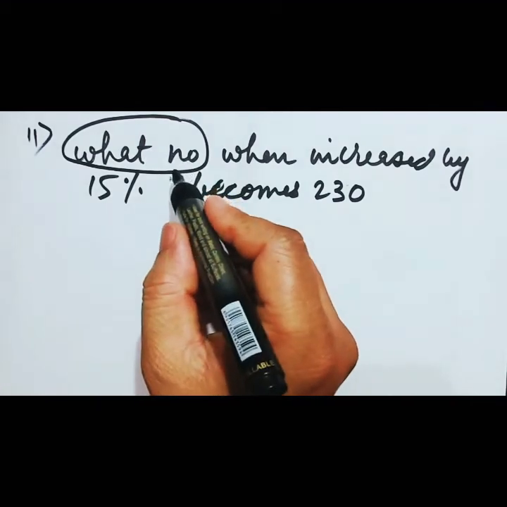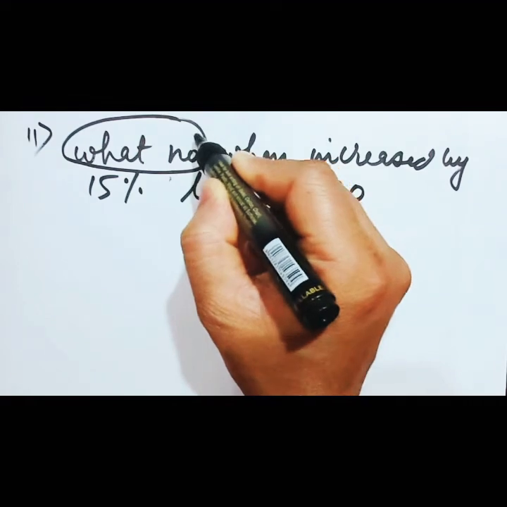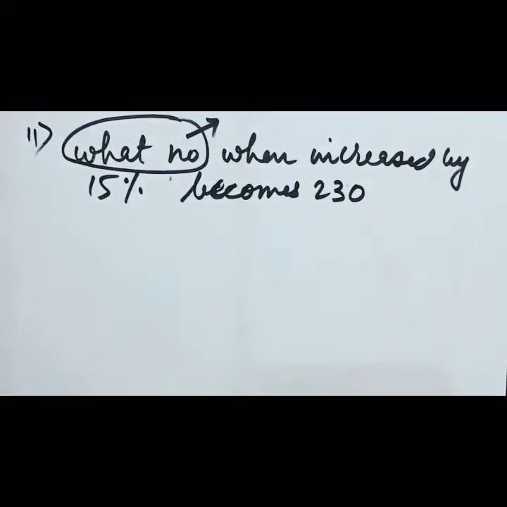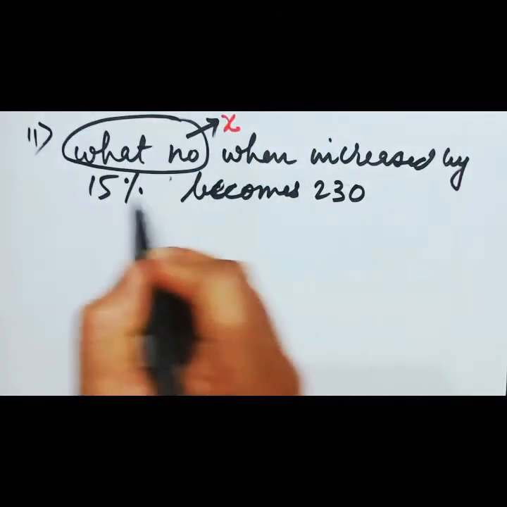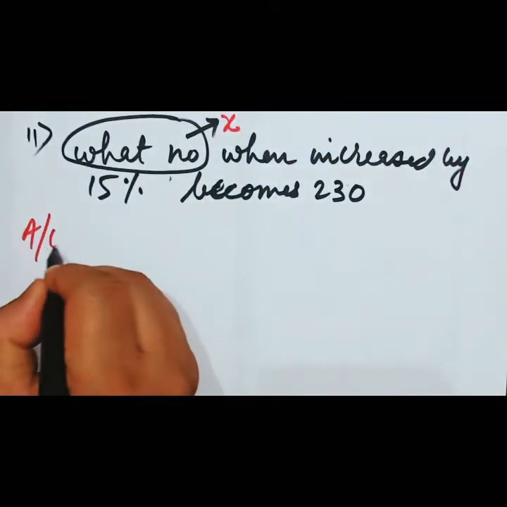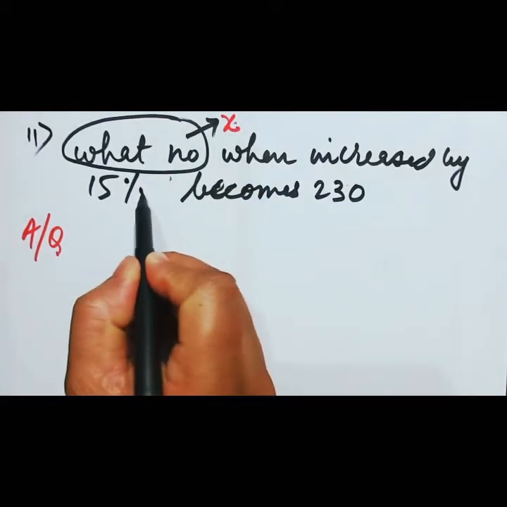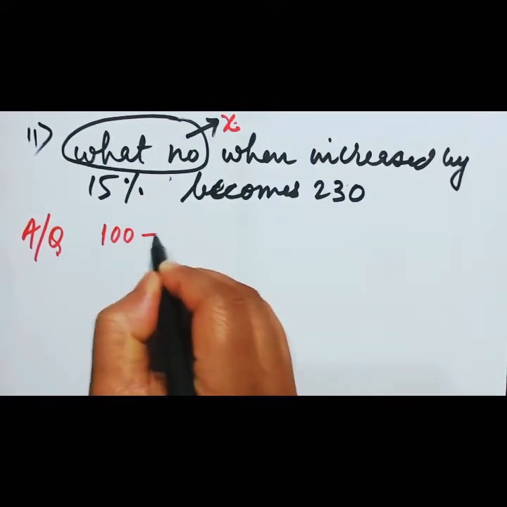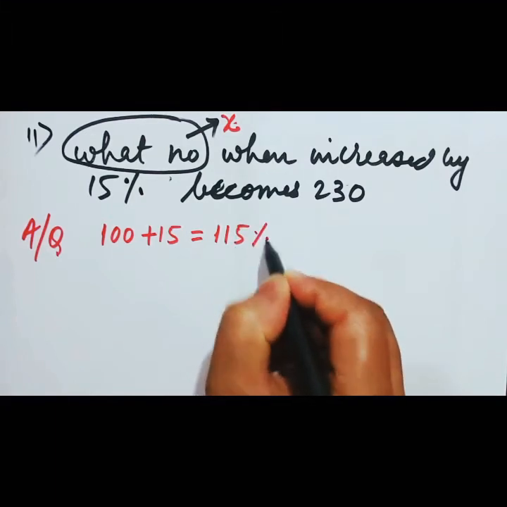So what number? This means I do not know the value of this number, so I will be taking this as x, the variable. So x when increased by 15%. So according to the question, when you are increasing x by 15%, matlab 100 plus 15 will be 115%.